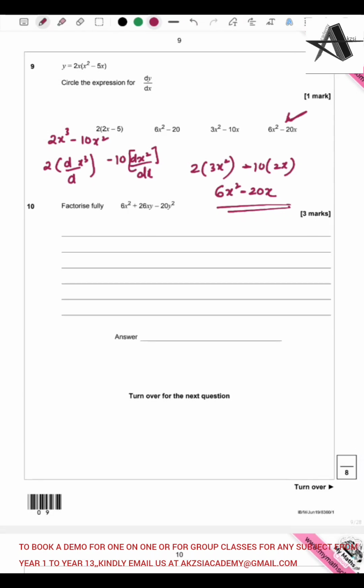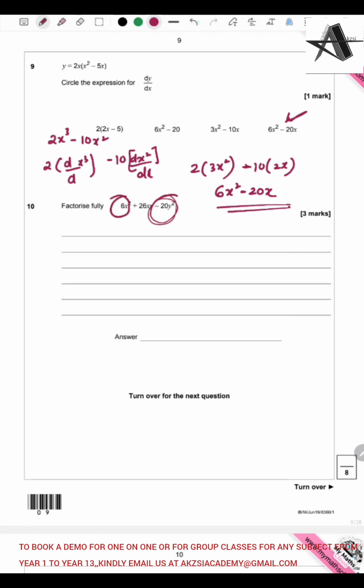Question 10 says factorize fully 6x squared plus 26xy minus 20y squared. See, in this, whether you have a quadratic or a circle equation, wherever you see the variable has power 2 over it, whether one variable or both variables, and 3 terms are there, always try to use the factorization method that we use in quadratics. That means the sum of the numbers should be the middle term, that is the coefficient of xy, and the product should be the same as a times c.